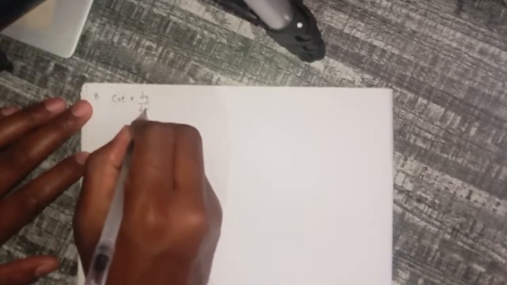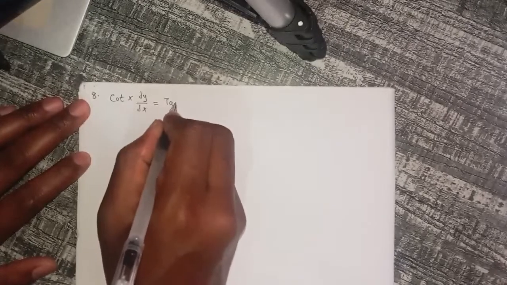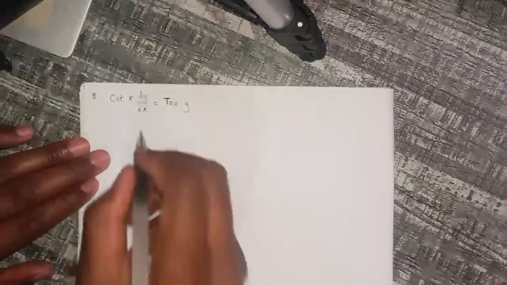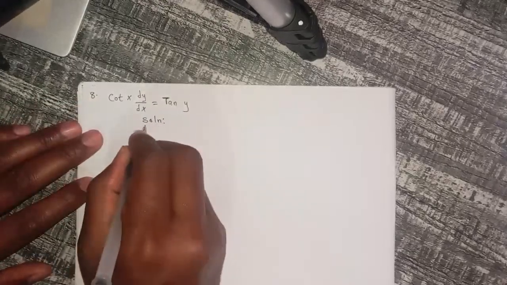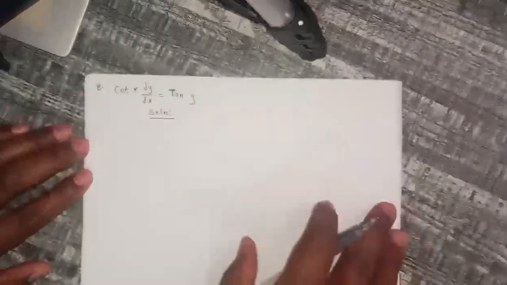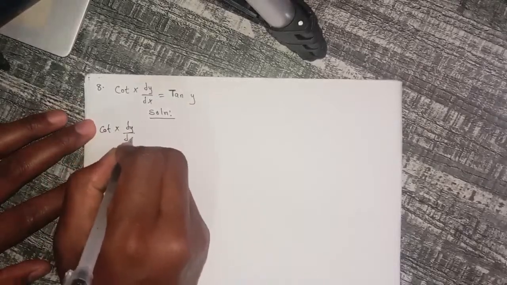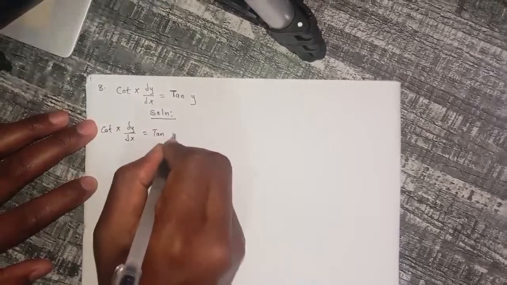And this is example number 8. We have got x dy over dx being equivalent to tan y, and on solution of this, so this is x dy over dx equals tan y.